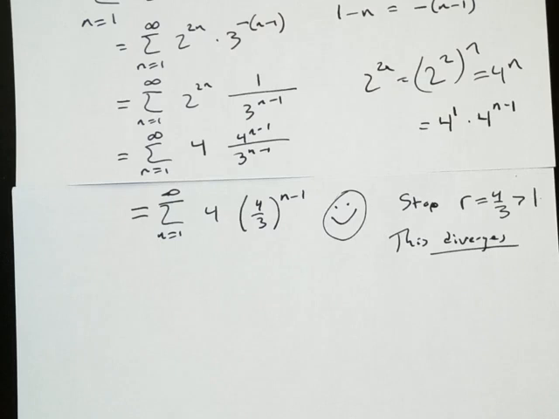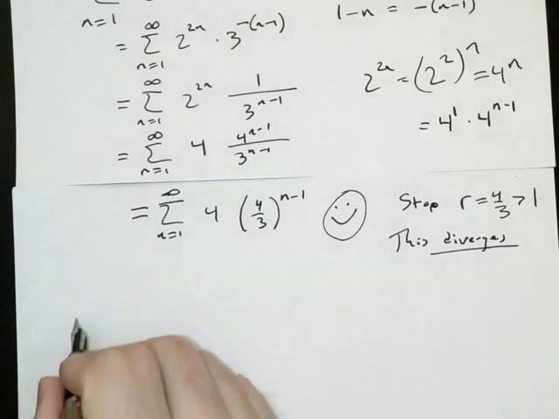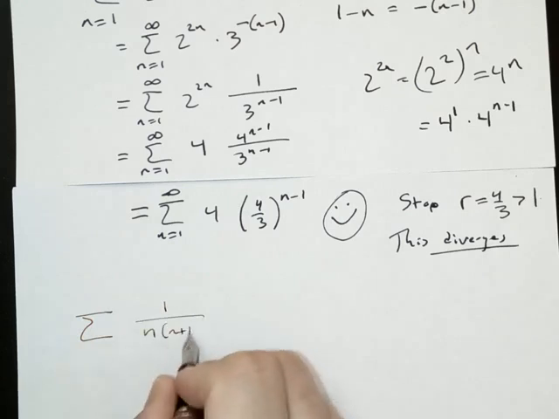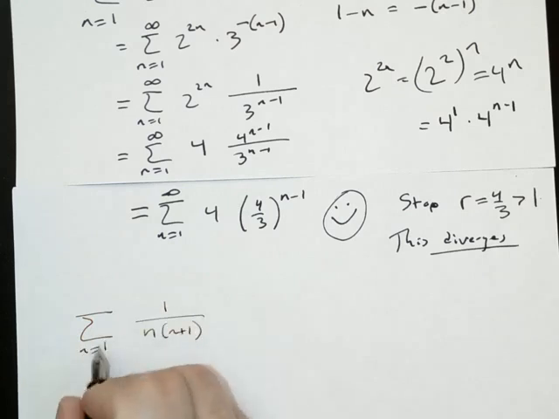All right. I want to steal other ideas that we've already used. Here is a series that is not geometric. Clearly, that is not geometric. 1 over n times n plus 1.